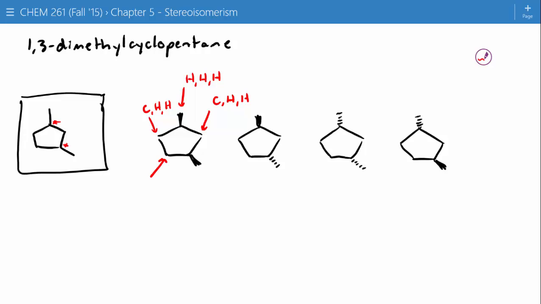And if we go down here, we have to keep on going until we find a difference. This one's attached to a carbon, hydrogen, hydrogen. This one is attached to a carbon, carbon, hydrogen. So you see how we found the difference by continuing on along that chain? So if we were to assign R or S to this, what would it be?